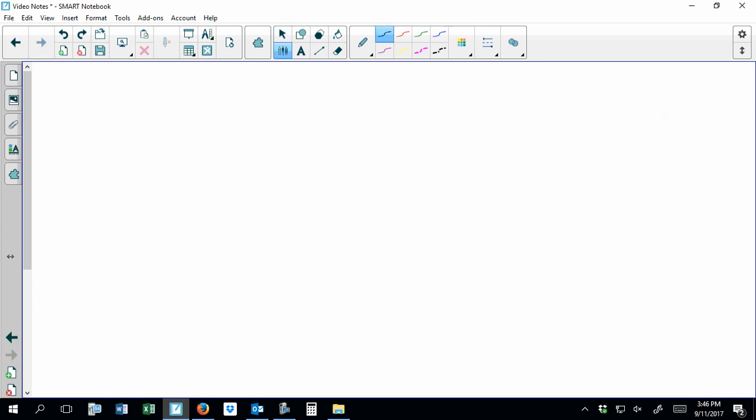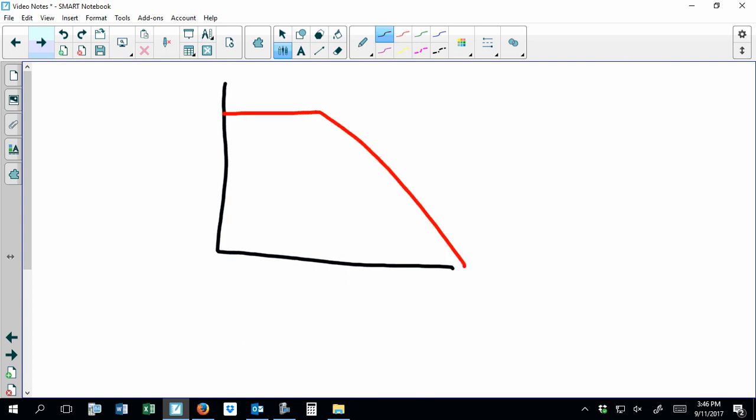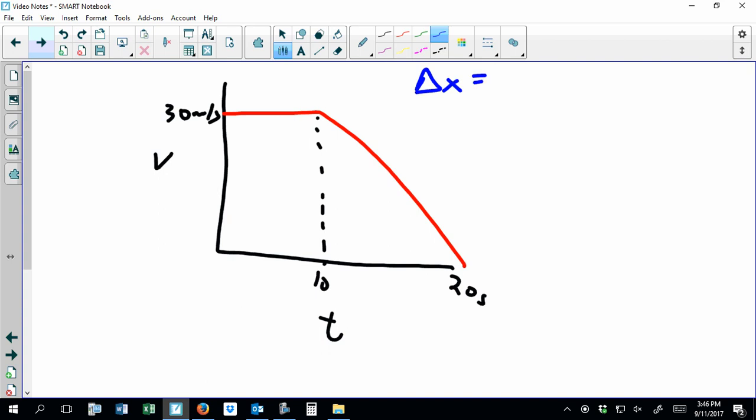And the last thing we want to be able to do is get the displacement from this graph, and we do that a little bit differently. Let me go ahead and mark some of these again, 10 seconds and 20 seconds, and 30 meters per second. We've got velocity and time. So to find displacement, we have to take the integral of this graph.